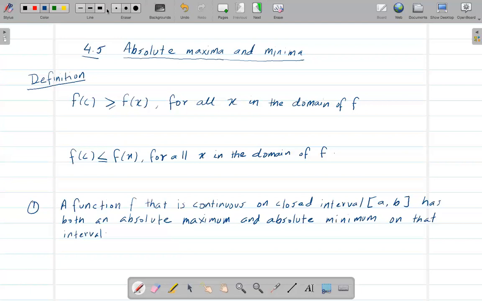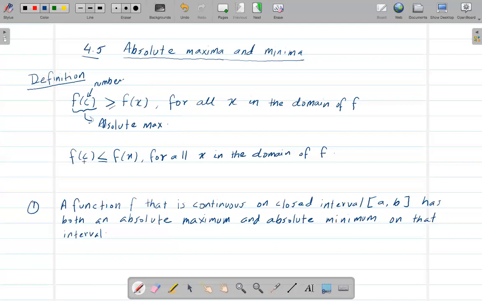So anyway, let's start this section 4.5. First let's start with the definition of absolute maximum and absolute minimum. If I say f of c is greater than or equal to f of x, and this c is any number, then in this case we say that this whole thing, f of c, is the absolute maximum, or absolute max.